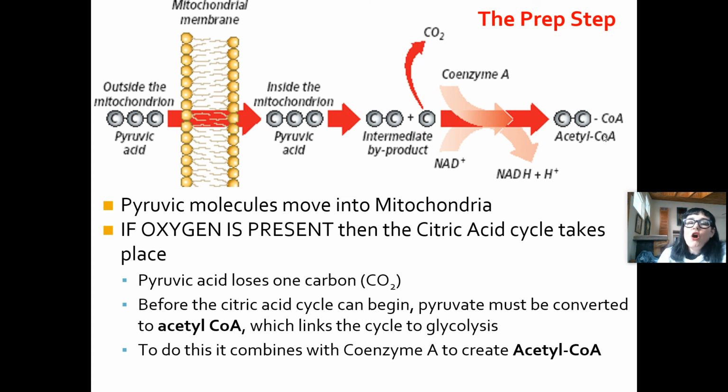It stands for coenzyme A. If oxygen's present, we're going to have the citric acid cycle take place. You might say, wait, where does this oxygen come from? Well, you want to think about the fact that there's oxygen in this molecule. It's not oxygen gas, but there is oxygen present in pyruvic acid, and that's where it comes from.